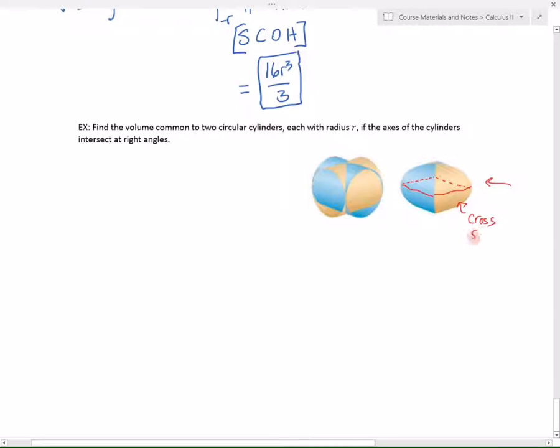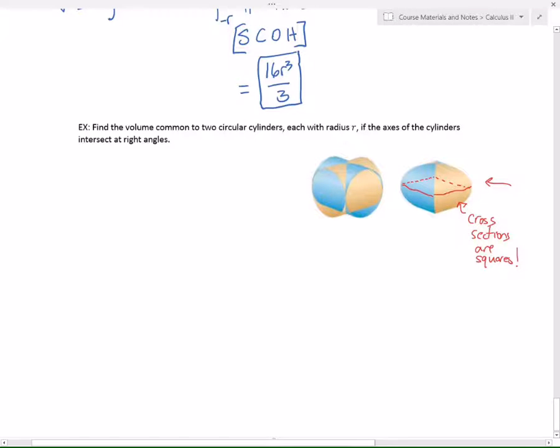Cross sections are squares. When that's the case, then we have the ability to just figure out what the lengths of those sides are in each square.